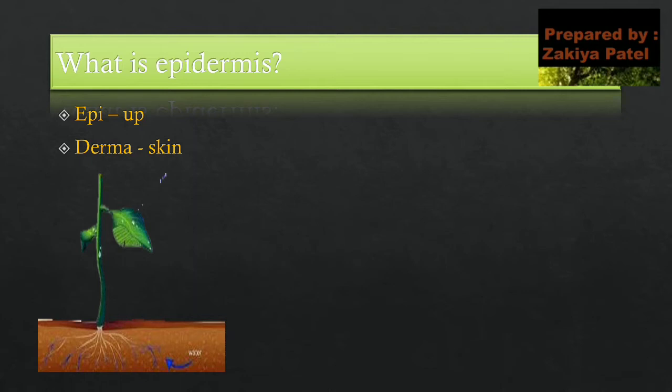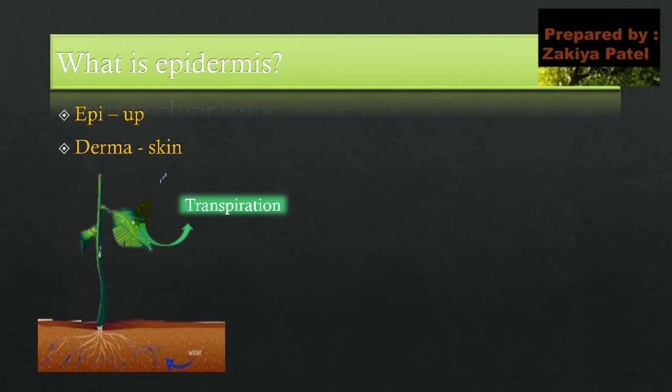One important function of the plant we all know. What is that important function? That plant loses some amount of water into the atmosphere, and that process is called transpiration. We know very well what transpiration is: the plant loses some amount of water into the atmosphere by the process of transpiration.